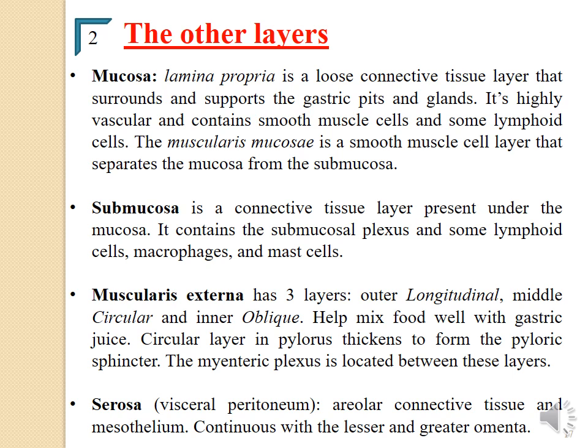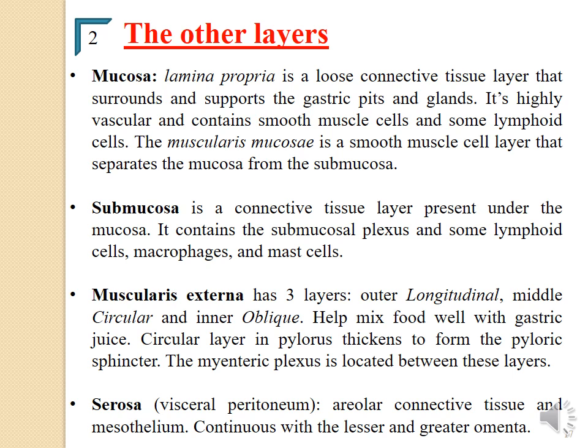The muscularis mucosae is a smooth muscle cell layer that separates the mucosa from the submucosa. So this muscularis separates the first layer of the gastric wall from the second layer, the submucosa. The submucosa, the second layer of the gastric wall, is a connective tissue layer. It is present under the mucosa.